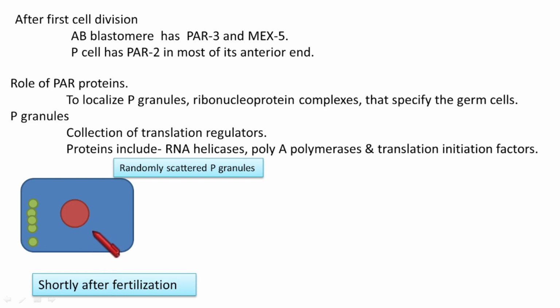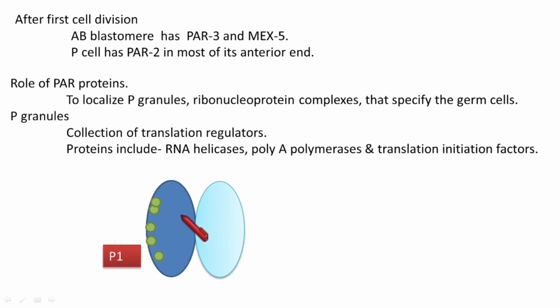We know that it is a meridional division, and as a result, two daughter cells will form. One is a founder cell, and the other is the first stem cell, P1. And as the P granules have moved to the posterior-most region of the zygote, this first stem cell got the P granules.